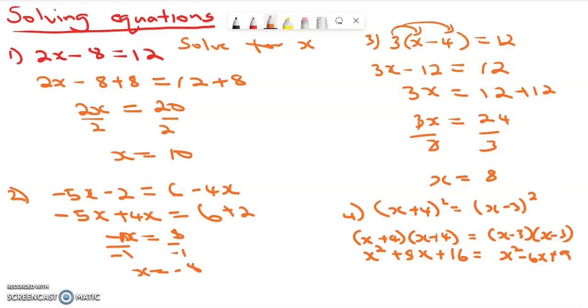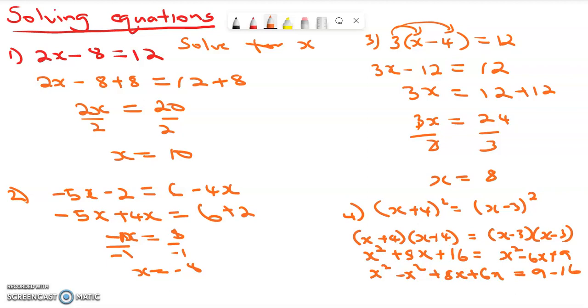So now we need to solve for x. How do we do that? We need to isolate the variables to the constants. So this is x squared minus x squared plus 8x plus 6x equals to 9 minus 16.